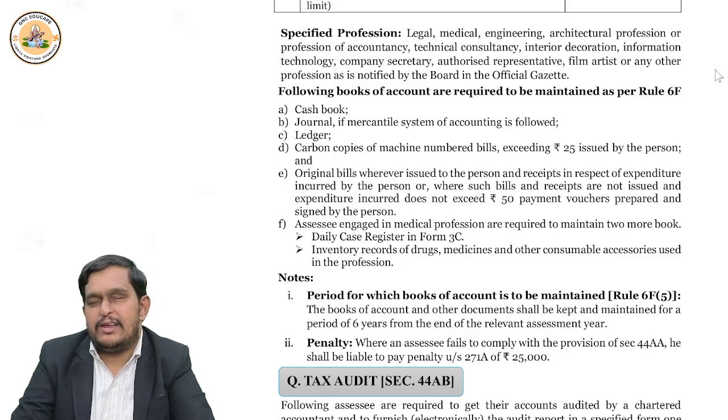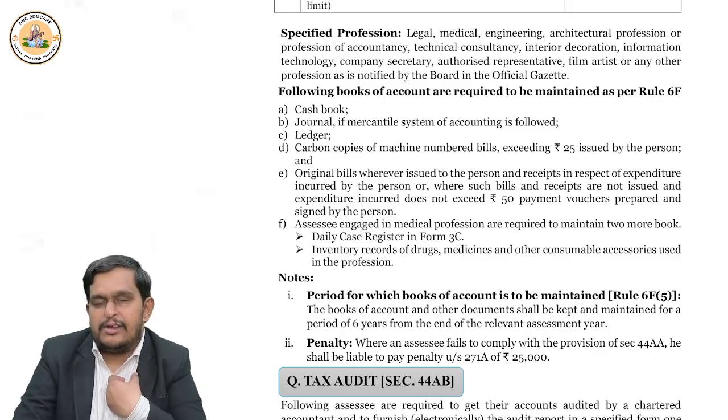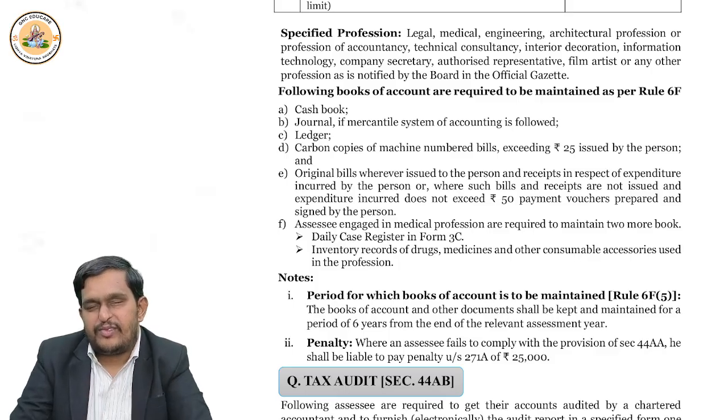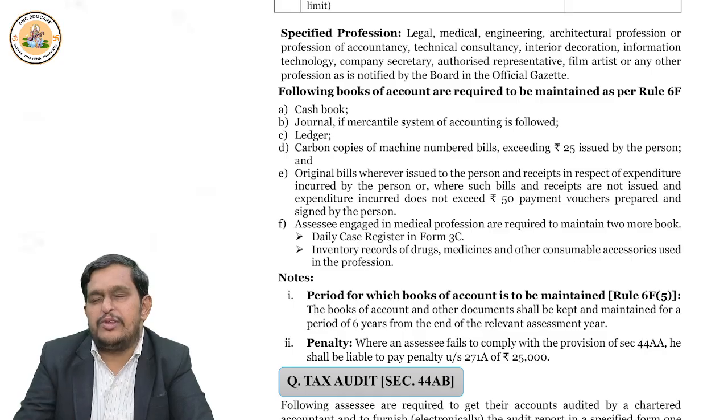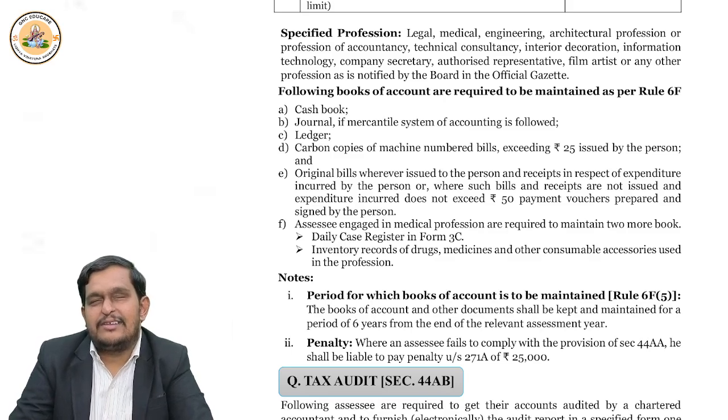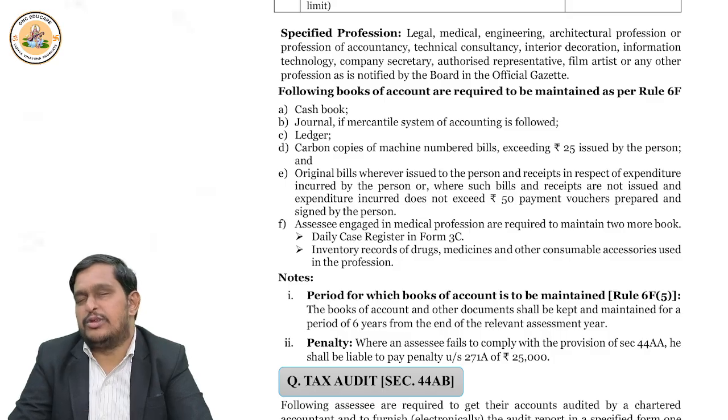When should you maintain it? If the amount you received is 25 rupees or more. So when you receive 25 rupees or more from your customer, maintain the carbon copy. Now, is this relevant? The answer is yes and no both.